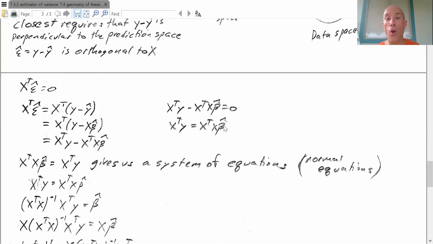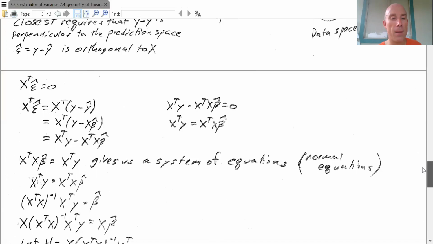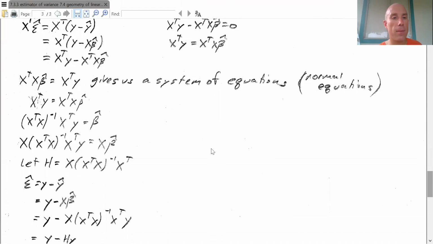Well, how am I going to solve a system of equations? x transpose x is invertible by the assumptions on the rank and the number of rows compared to columns. So my solution is to multiply both sides by the inverse. So I can see beta hat is exactly this. Well, that looks really familiar, right? That gives us our estimate of the coefficients.